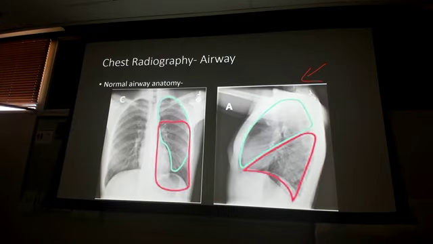If you have a PA and a lateral chest x-ray, you can then tell me specifically what lobe that pneumonia is in. You can tell me right middle lobe, left lower lobe, by utilizing these two together. Does that make sense? We will see these pictures again, going back to lobes, because pulling stuff out based on where it is will be important. So just recognize that you need both most of the time.